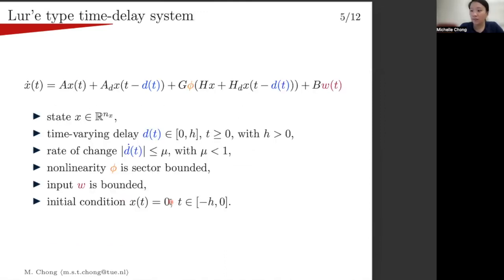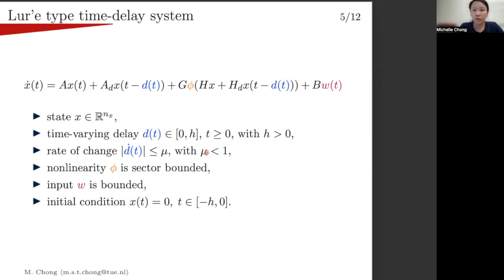Specifically, the system has a linear and a nonlinear part, where the time delay appears in both the linear and the nonlinear terms. We assume that we have time-varying time delays, with bounds on the delay and its rate of change. We'll see that the bound on the rate of change is a consequence of the Lyapunov function or functional that we have chosen.